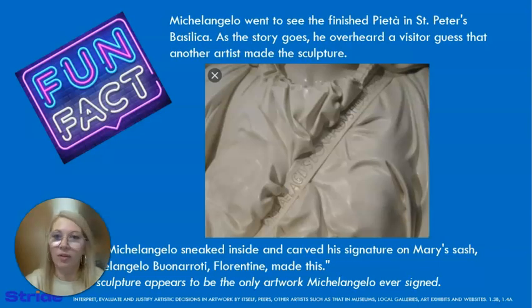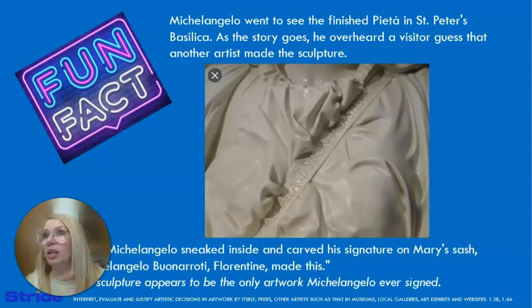So here's a little fun fact. After Michelangelo made the Pieta, he went to see it in St. Peter's one night, and there was a visitor who was talking about it and saying that some other artist had made the sculpture.